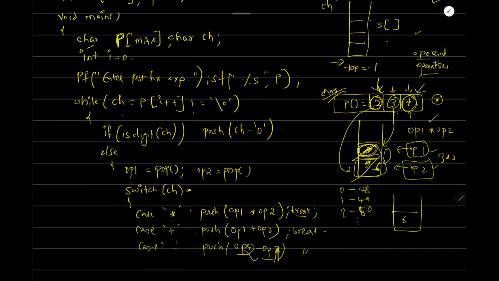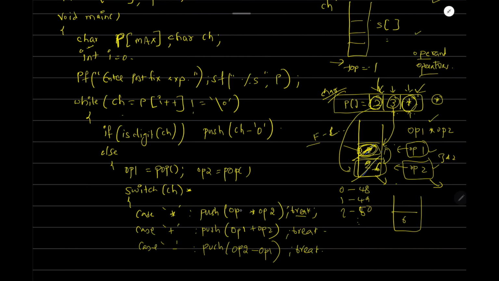Because the last element, so this is the first element in the stack, right? This is the first element and this is the last element. Always we need to do first element minus last element. So that's why we will be writing op2 minus op1. We will be writing break.